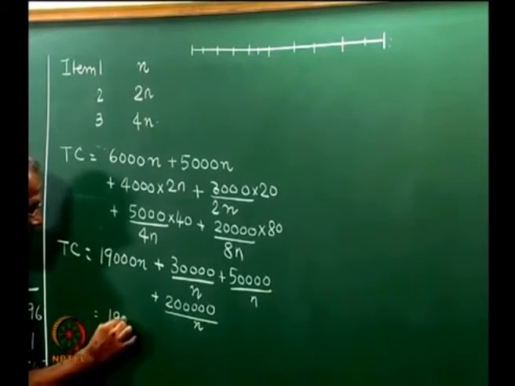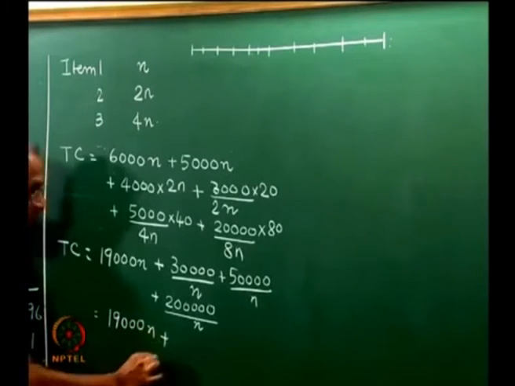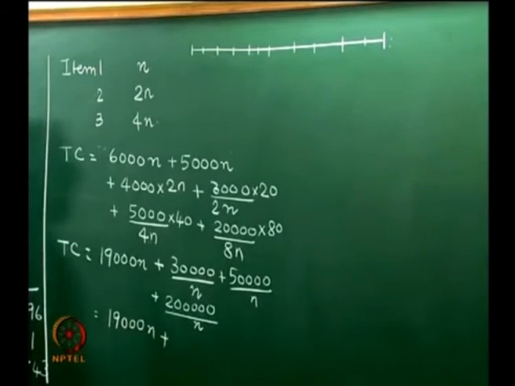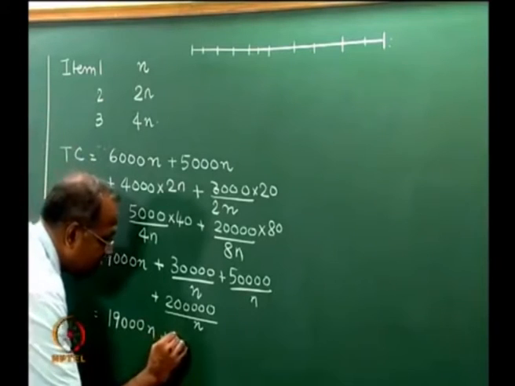So this is 19,000 n plus 280,000 divided by n.